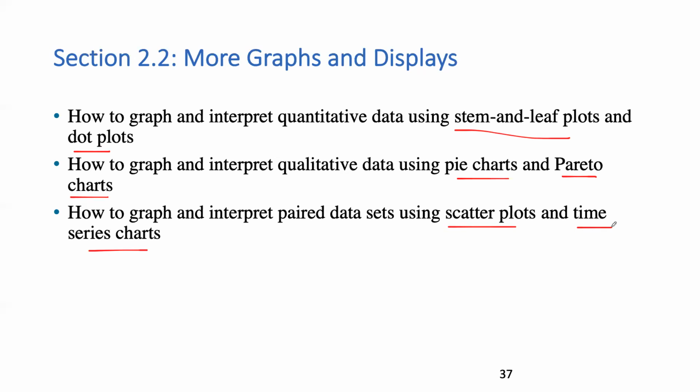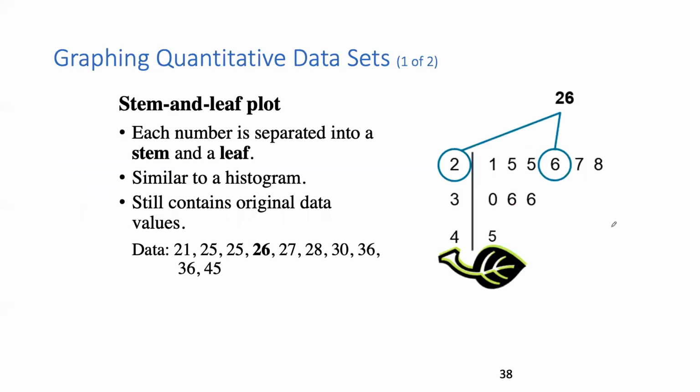All right, so let's see each of these in turn. A stem and leaf plot, as the name suggests, consists of two parts, what we call the stem and what we call the leaf. For instance, if I have a bunch of numbers here, we use the last digit as the leaf.